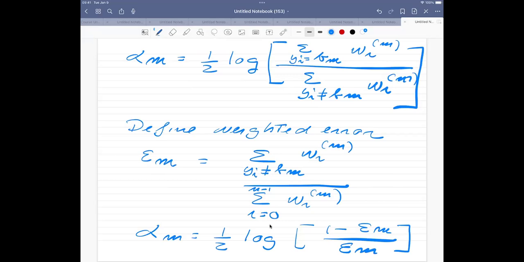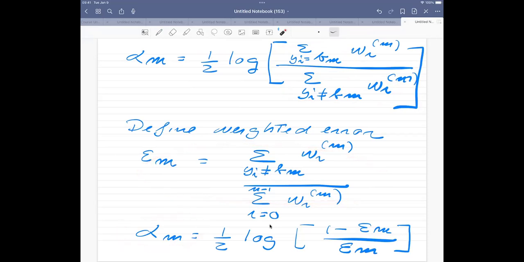For every value of m, we compute this weak classifier, and that gives us either plus or minus 1. Then we collect the sum over all the values which have been correctly classified and those which are wrongly classified, and that defines this function. With that, we have a recipe for alpha of m.